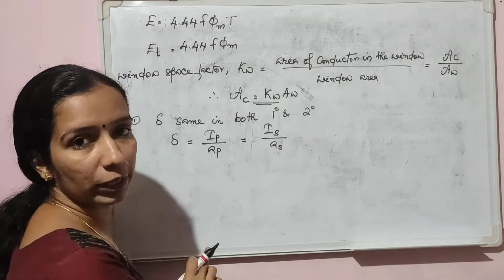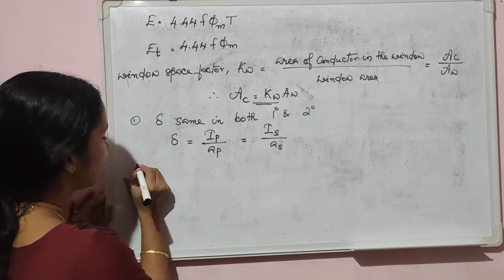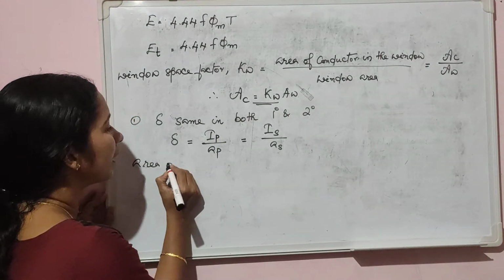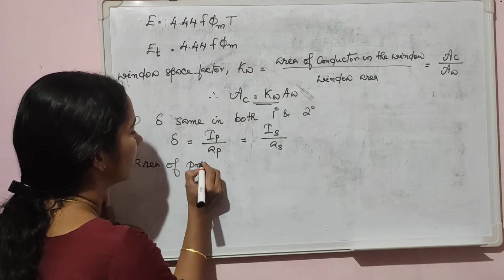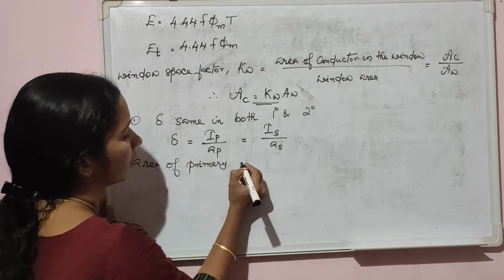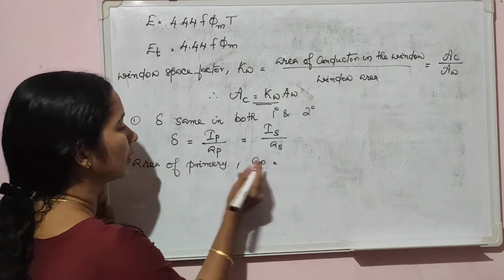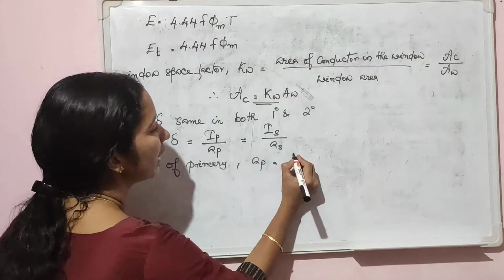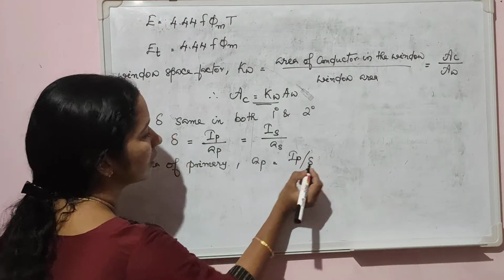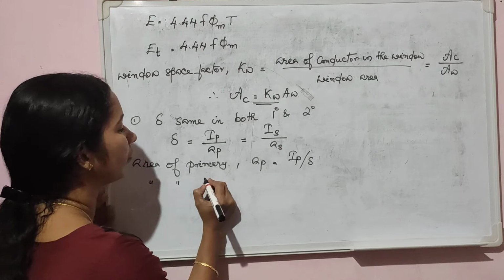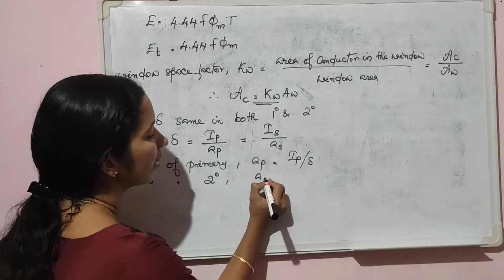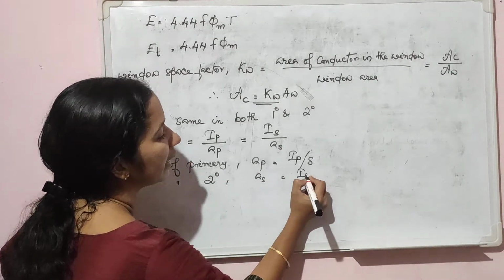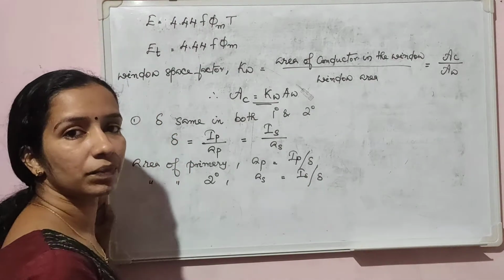Both are equal. So from here we can write area of primary AP is equal to IP divided by delta. Similarly, area of secondary AS is equal to IS divided by delta.